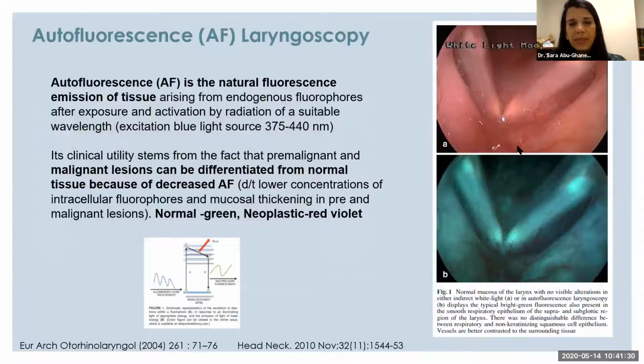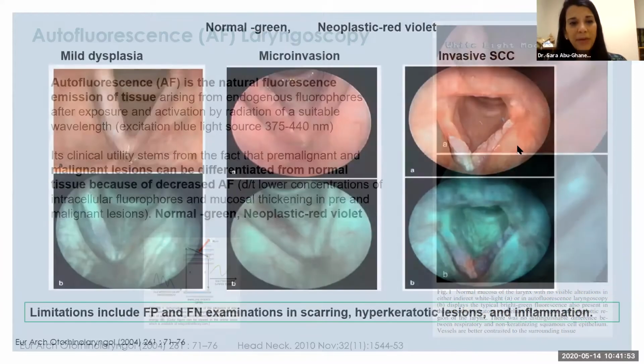Another thing that was suggested that can help us differentiate benign or malignant lesions when we see leukoplakia is the use of autofluorescence laryngoscopy. The autofluorescence, the AF, is basically the natural fluorescence. When you activate it by a specific wavelength, you can see normal versus neoplastic patterns.